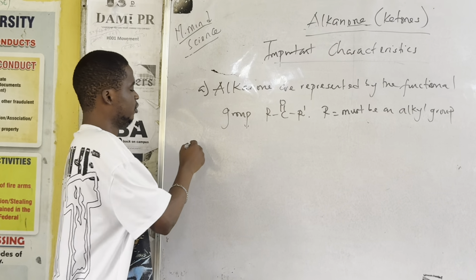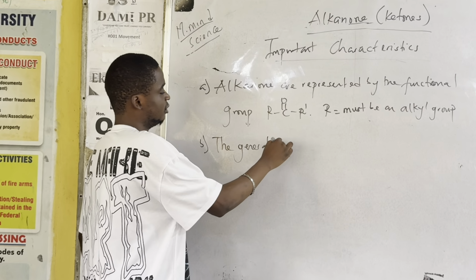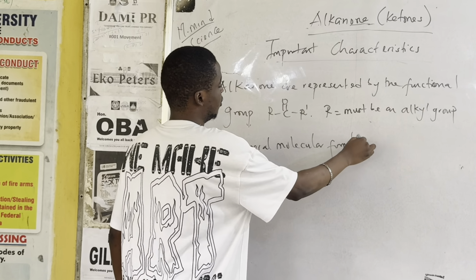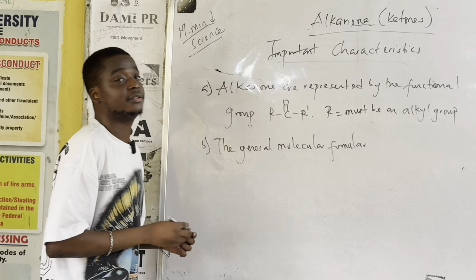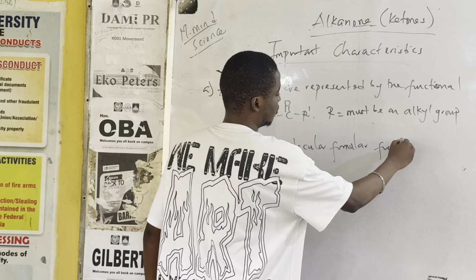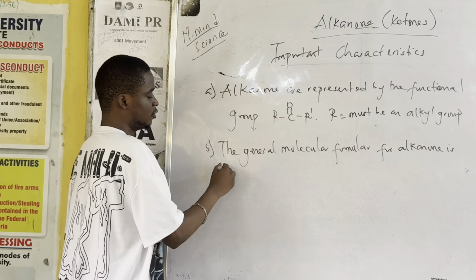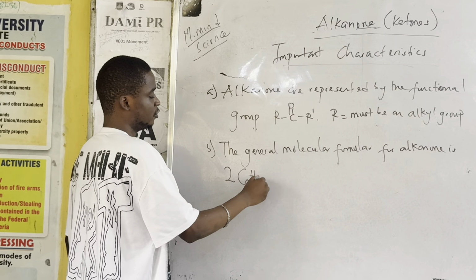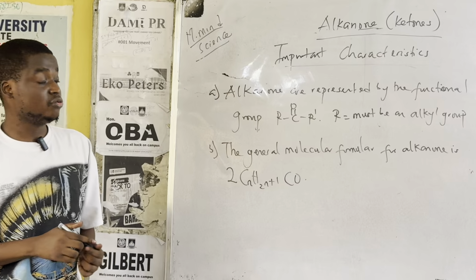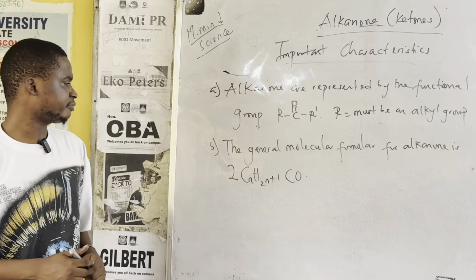Now, the second one you need to know is that the general molecular formula for ALKANONE is (CnH2n+1)2CO. That's two alkyl groups attached to a carbonyl group.